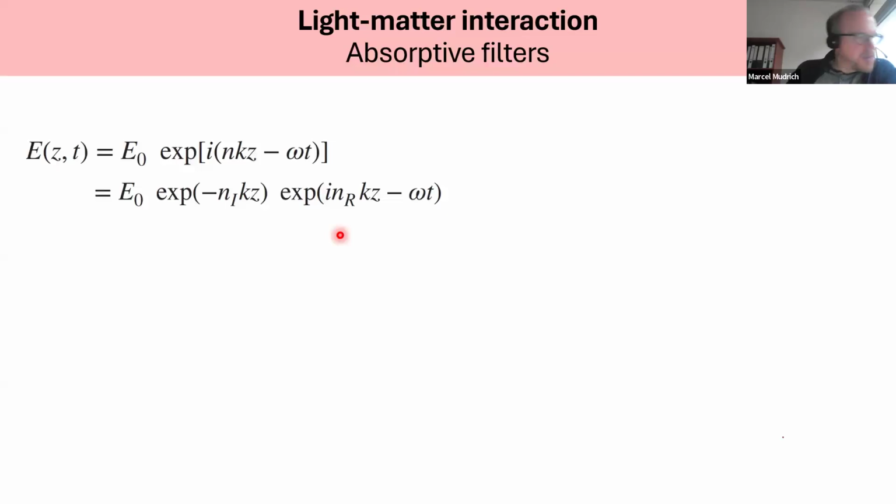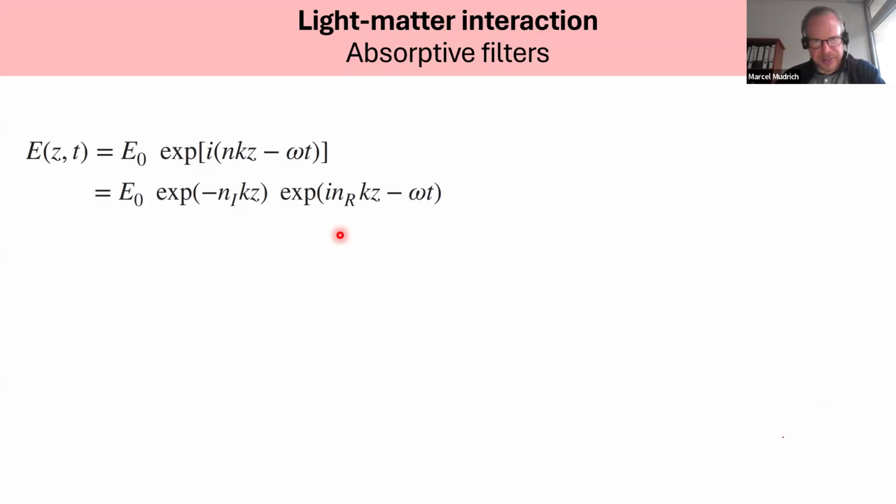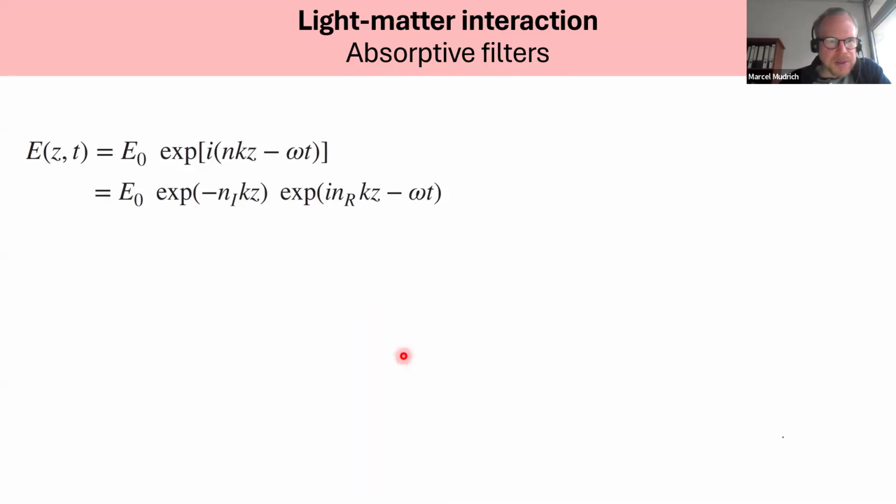So far we have been talking a lot about mirrors and reflection and refraction. Maybe just in the last minutes, a word about absorption, because if we look again at our electric field in the electromagnetic wave with index of refraction n, n has a real part and an imaginary part, right?